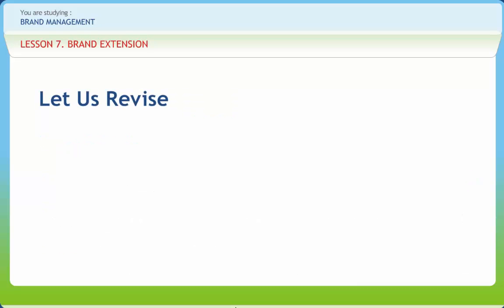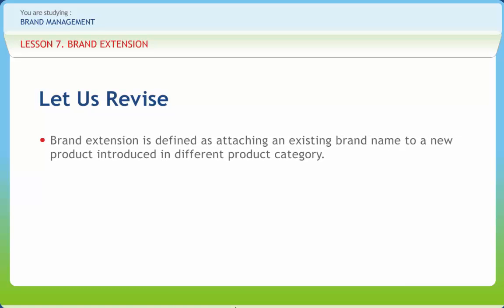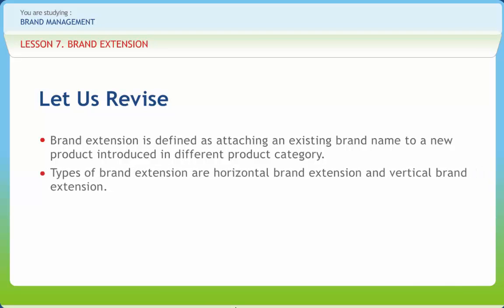Before we end, let us briefly revise what we have studied so far. Brand extension is defined as attaching an existing brand name to a new product introduced in a different product category. Types of brand extension are vertical brand extension and horizontal brand extension.